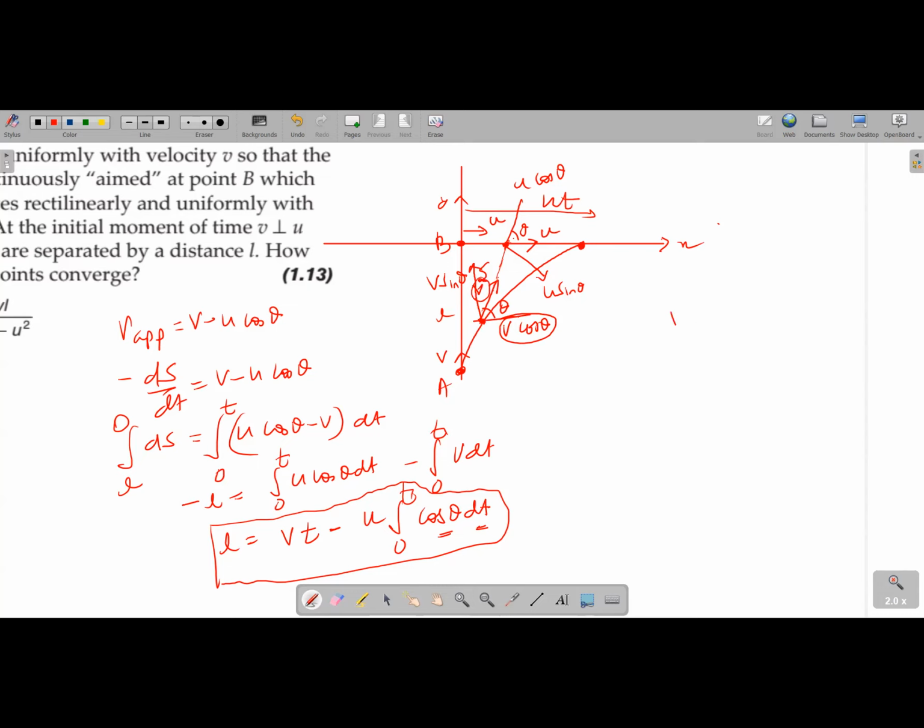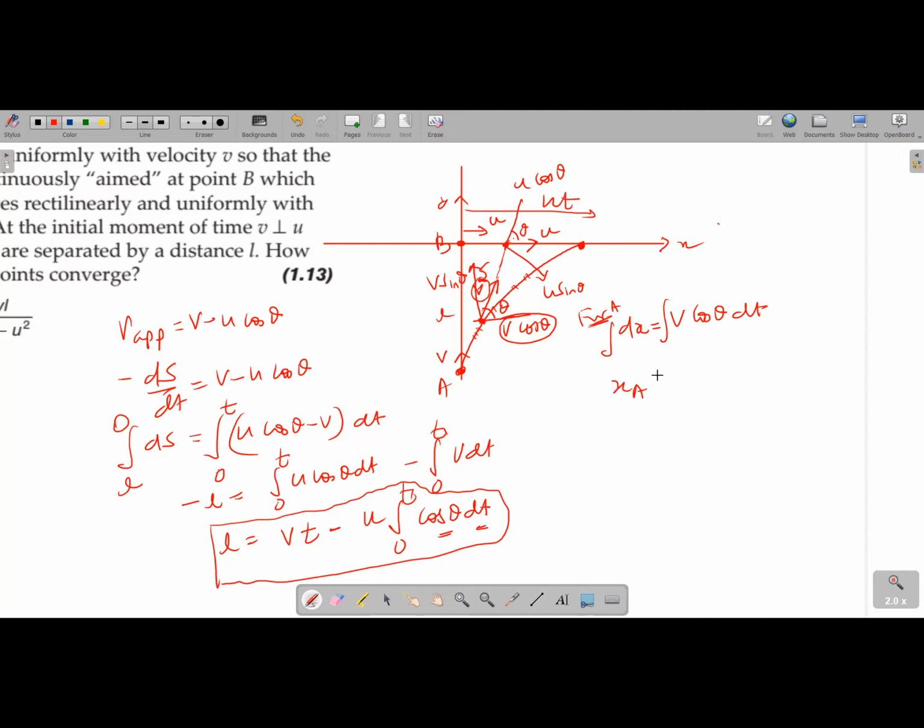If I consider the displacement in a very small time dt for A, you just have to integrate this. You add infinitesimal displacements in dt, dt, dt, dt time, and if you add them, you will finally get the displacement in the total journey. So just integrate this.